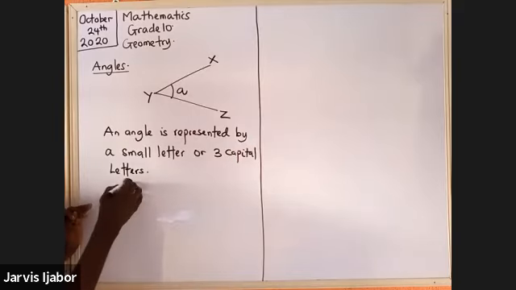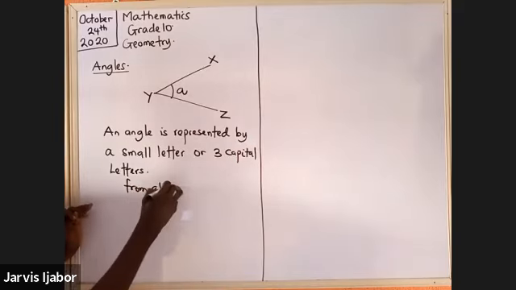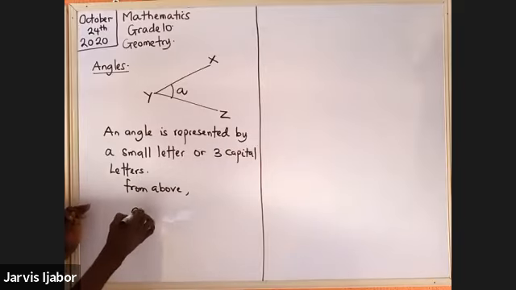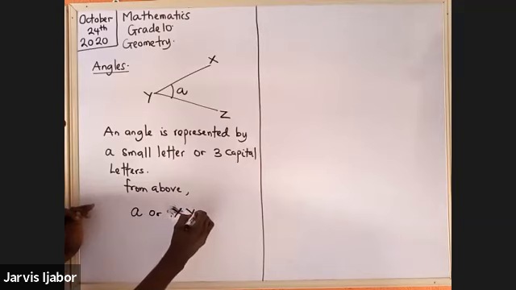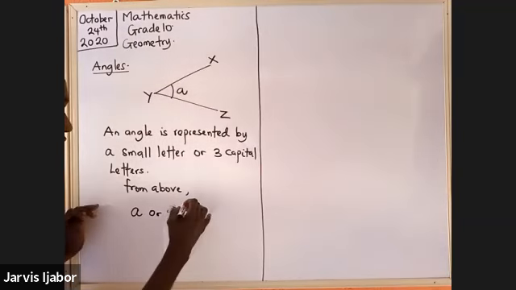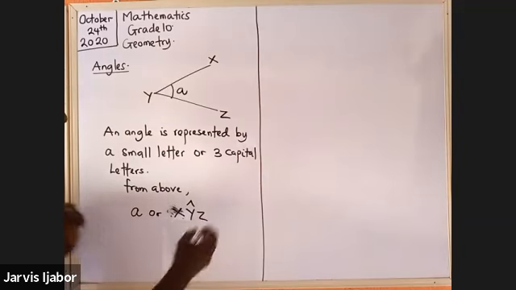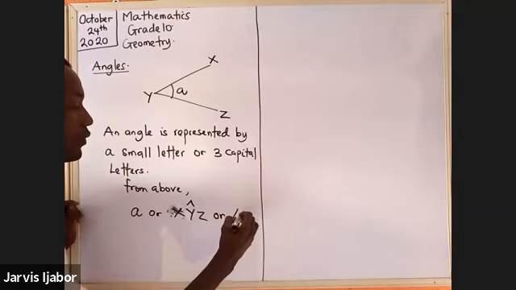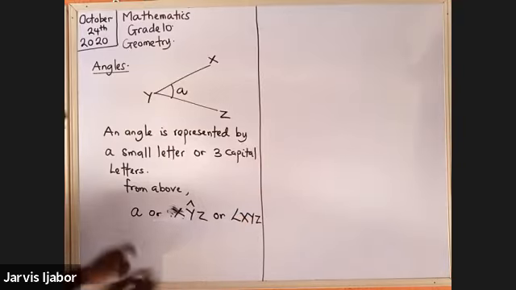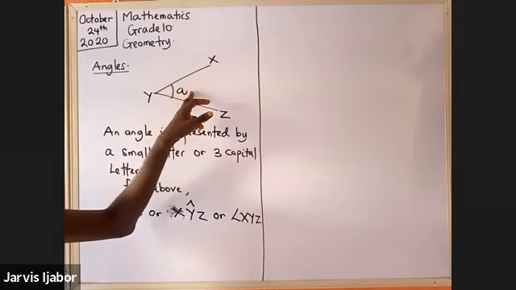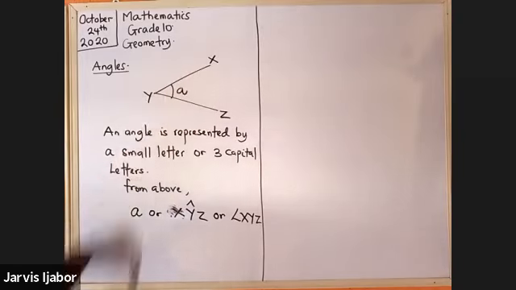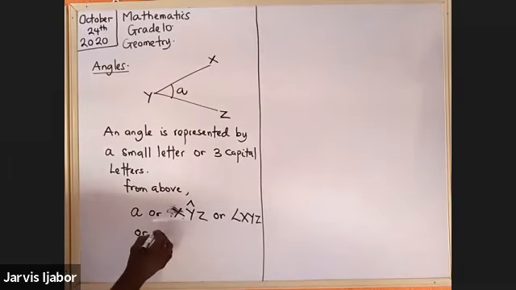Three capital letters from above, we're going to have the angle A, or X, Y, Z. Now there are different ways we can write this. We can put a cap on top, meaning angle X, Y, Z, or you can simply say angle X, Y, Z. These are two ways you can represent this angle. You can either say A, you can either say X, Y, Z, or you can also say angle Y.